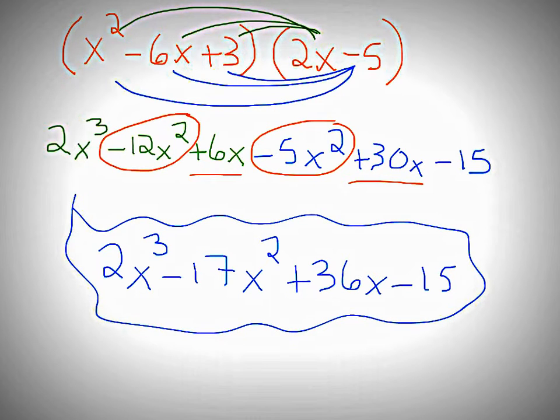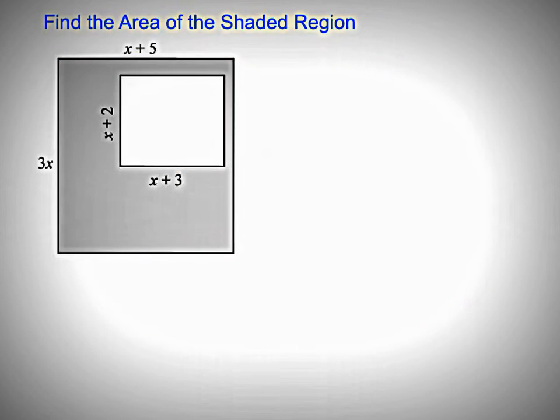Alright, so now let's do one last question together applying these concepts to geometry. Alright, so I have two rectangles, and the directions say to find the area of the shaded region. Well, area of a rectangle, we should all know, is base times height or length times width.